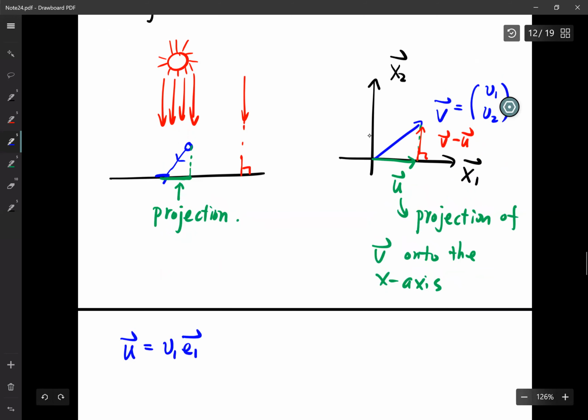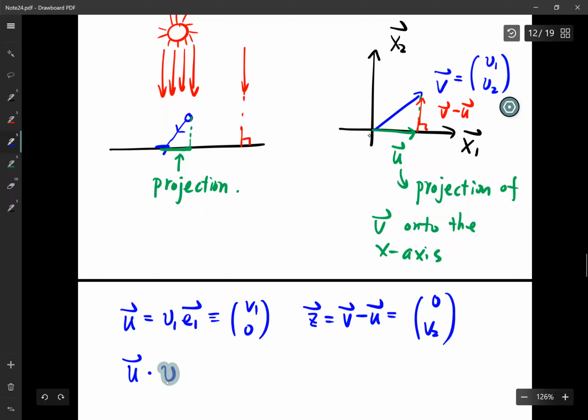So this is v1, 0. Now, v minus u, that's called z, is 0, v2. Obviously, now you find the dot product of the projection u and the difference z is 0. So u is orthogonal to z.